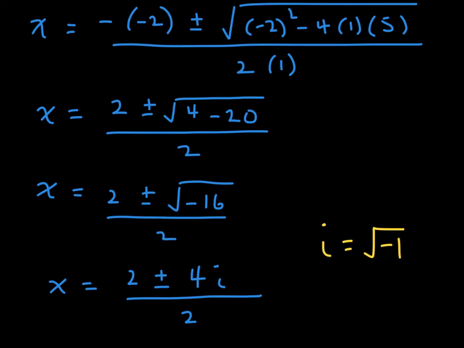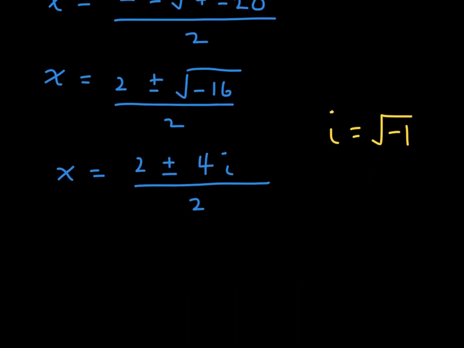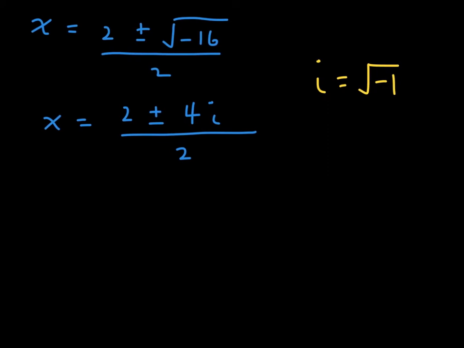The point though here is, what are your x-intercepts? That's what I was trying to find. Well, your x-intercepts in the Cartesian plane, the x and y coordinate plane, are real numbers. However, the solutions for this quadratic equation are not real. These are imaginary solutions.